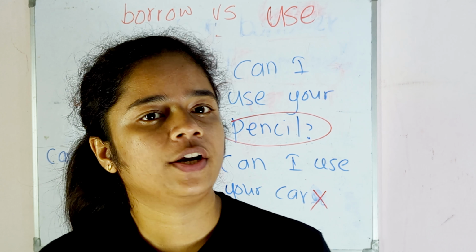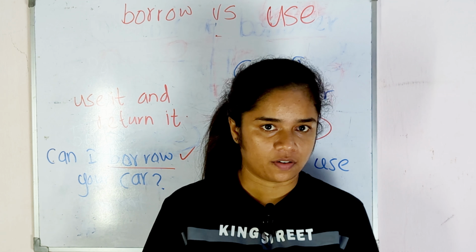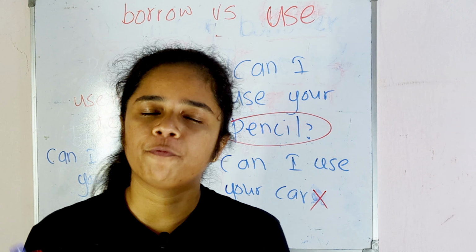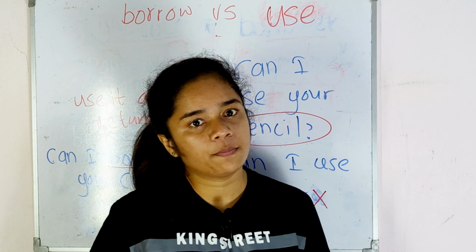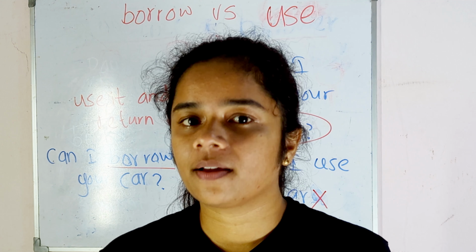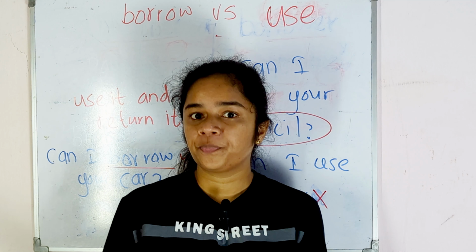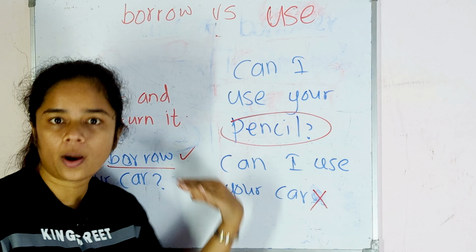One day a friend of mine came to my place and asked me, can I borrow your toilet? I was wondering whether he was going to take my toilet to his place. So can you see? When you borrow something, you have to take it to your place.